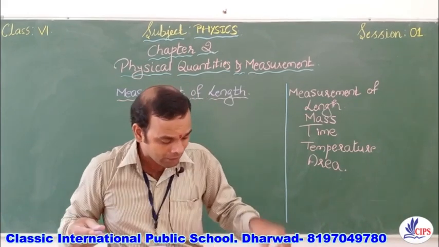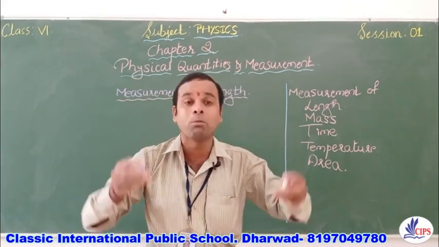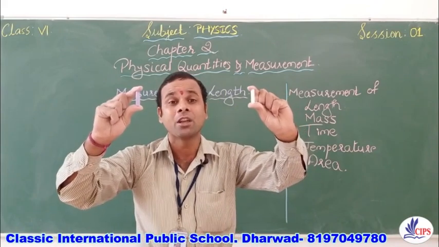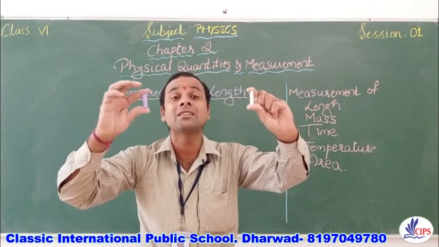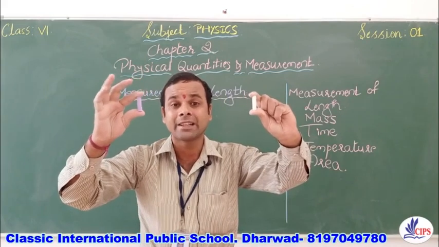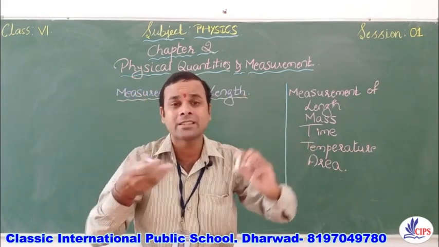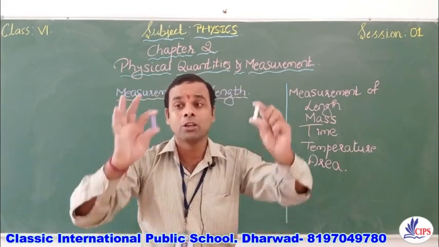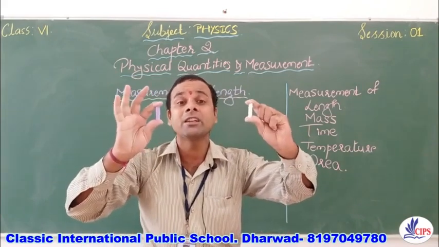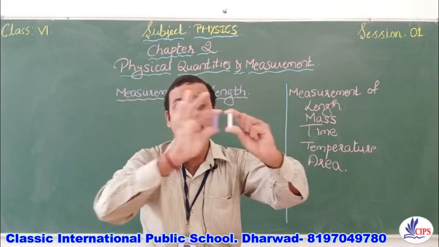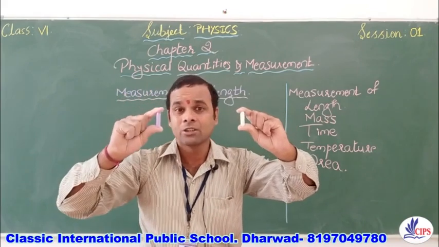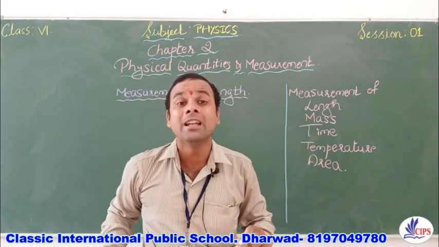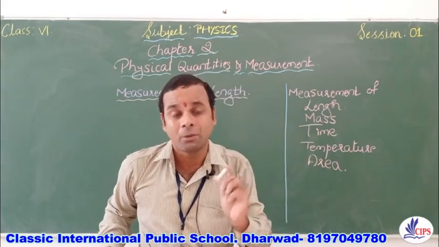Suppose you have two chalks, two particles, 2 points. So the distance between these 2 points, the separation, you can say separation or you can also say distance, one and the same thing. So the separation between these 2 points gives you the length of that particular object.